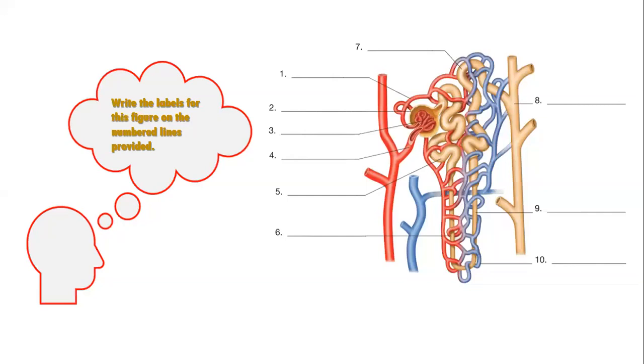Number 9. It's the ascending and descending loop of Henle. Number 6 is the descending loop of Henle, and number 8 is the ascending loop of Henle.